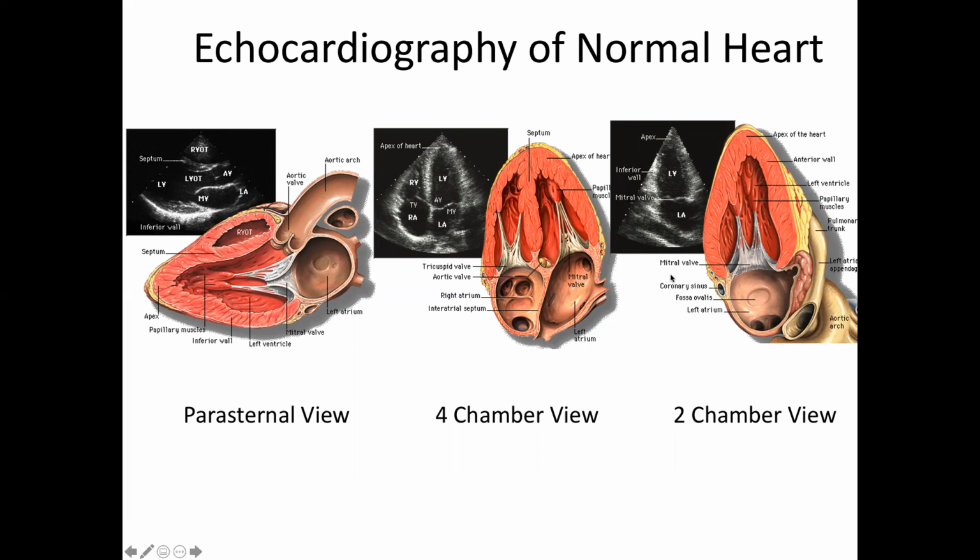And then these two views, you move the transducer down under the ribs, and you look up toward the patient's head, and you get these what are called long axis views of the heart. And these two are rotated roughly about 90 degrees, somewhere in there, 60 to 90 degrees.